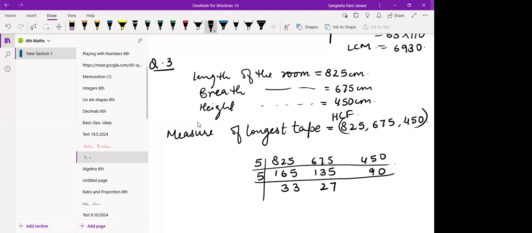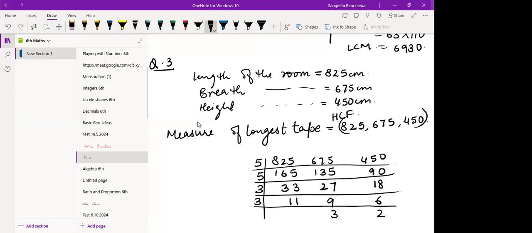This is 5, 5 ones are 5, 5 eights are 40. Now these numbers can go with 3. 3 threes are 9, 3 twos are 6. Now 11 cannot go, but 9 and 6 can go with 3. So 3 threes are 9, 3 twos are 6.